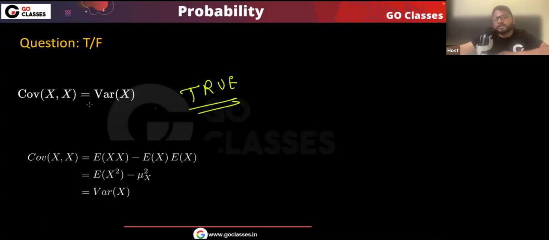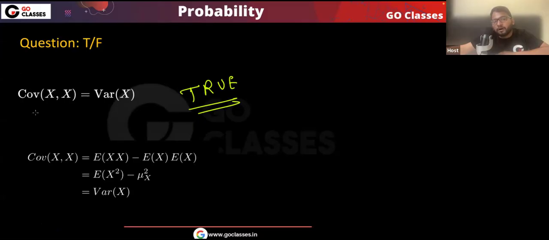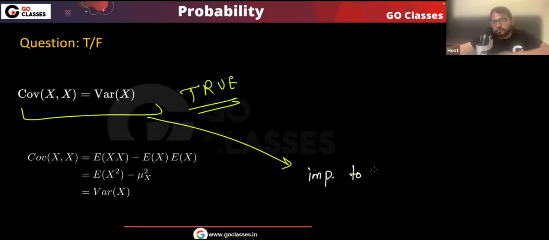Easy. But it is important to remember that if you want to find the covariance of a random variable with itself, then it is just the variance. Easy to prove, but important to remember.